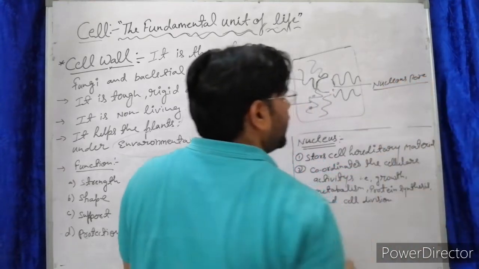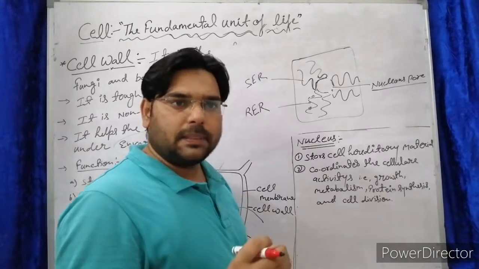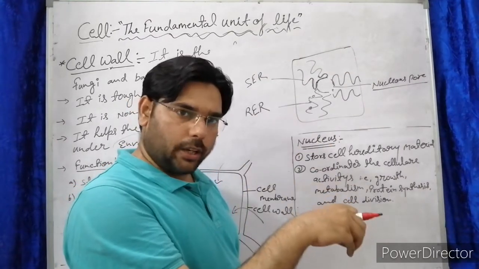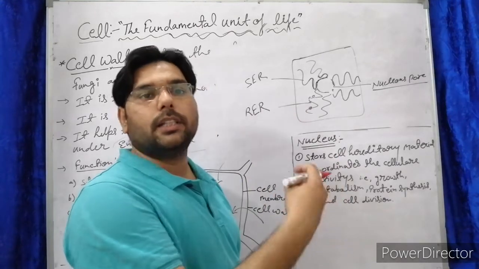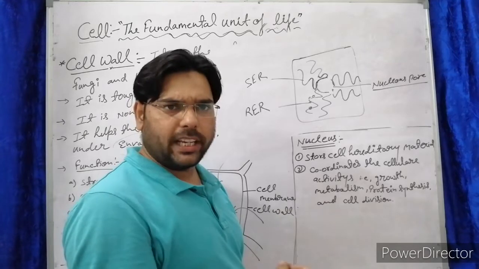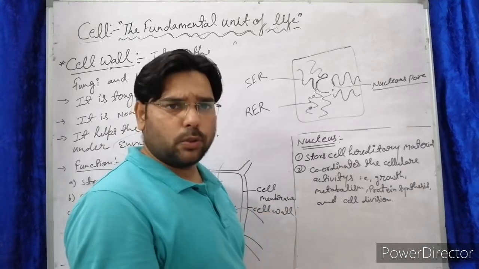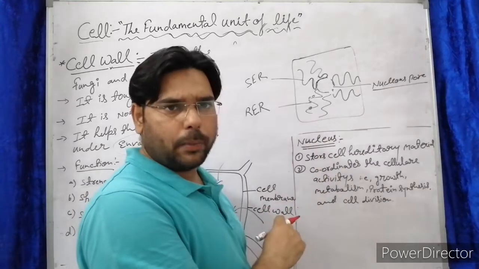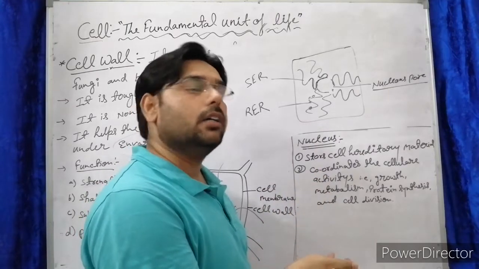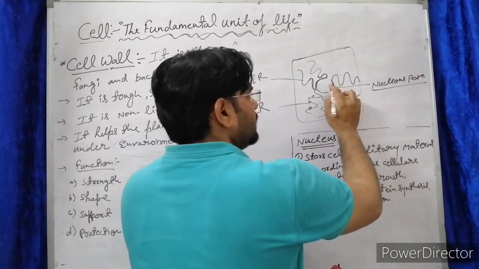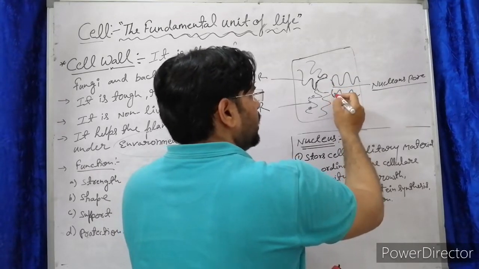Due to these nuclear pores, substances get exchanged from the cytoplasm to the nucleus and from the nucleus to the cytoplasm. Substances like some molecules, proteins, RNA, ribosomes move from the nucleus to the cytoplasm and from the cytoplasm to the nucleus. So the transportation between the cytoplasm and the nucleus takes place through the nuclear pore.